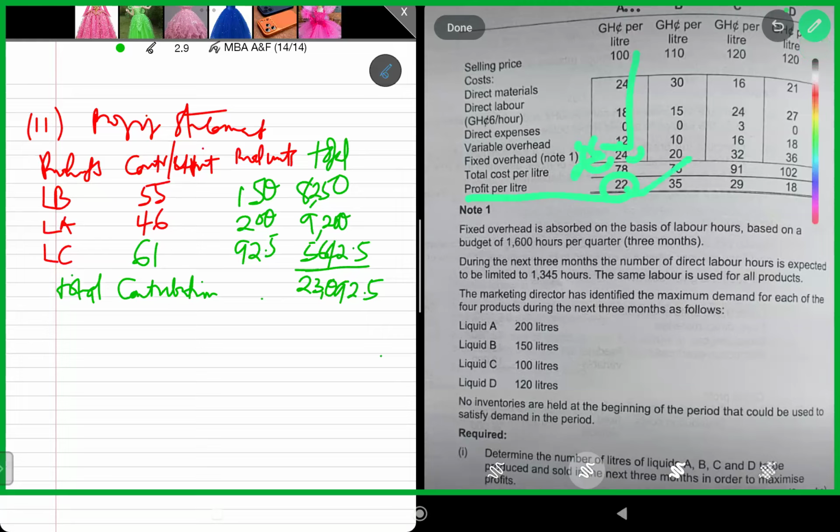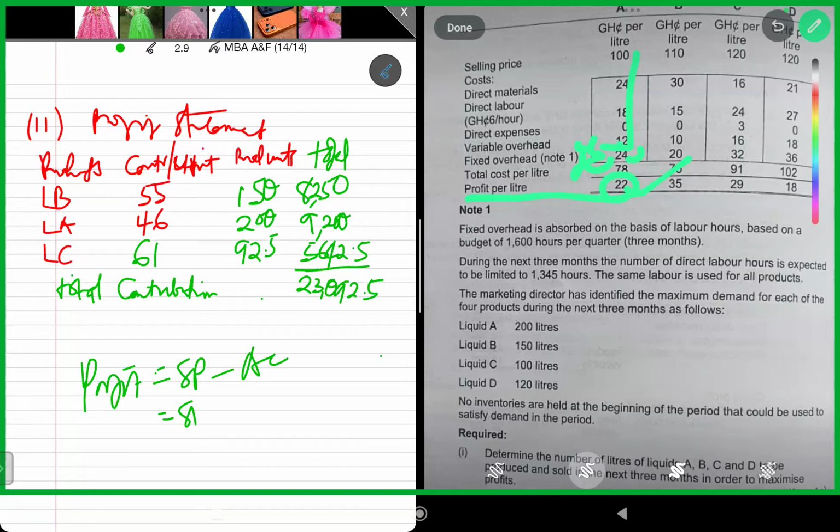So here, back to what you are trying to do. Simply put, if I want to find a profit, it should be the selling price minus the absorption costing. How do I find absorption costing?